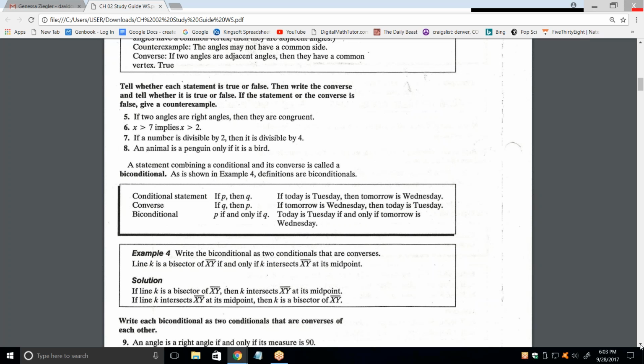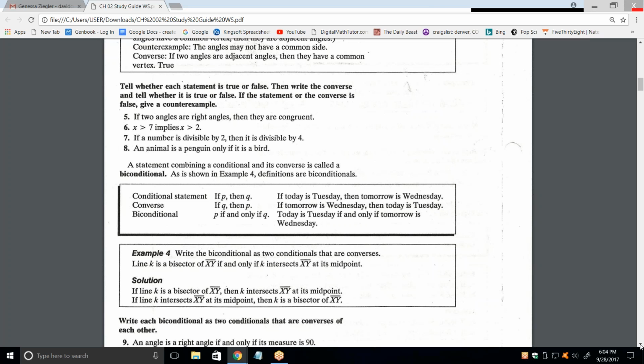That's false. Okay, what's the converse? Well, let's go ahead and give an example as to why that's false. 6. Correct.